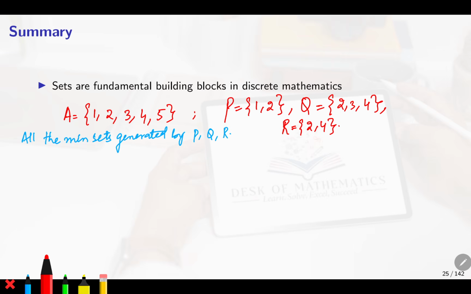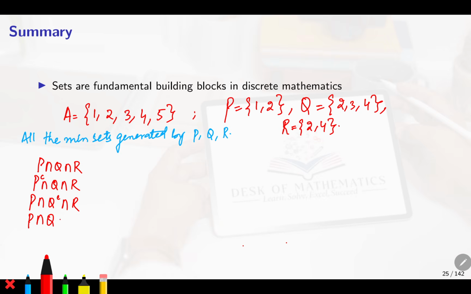What does it mean? It means the possible combinations of P, Q, R along with their complements. That means P intersection Q intersection R is one min set. P complement intersection Q intersection R is another. P intersection Q complement intersection R is another min set.